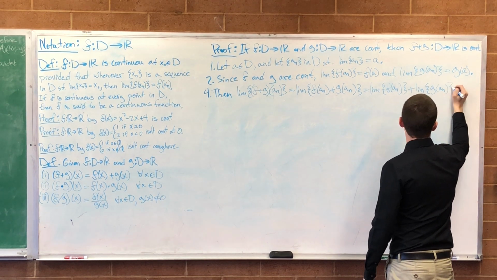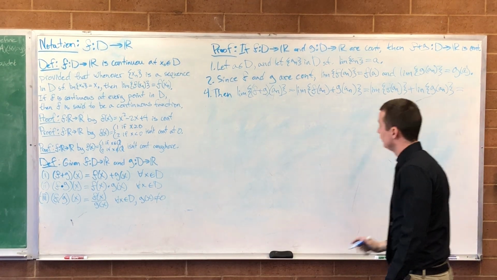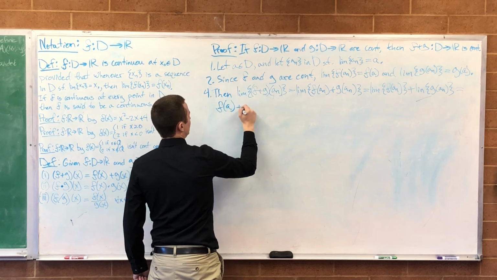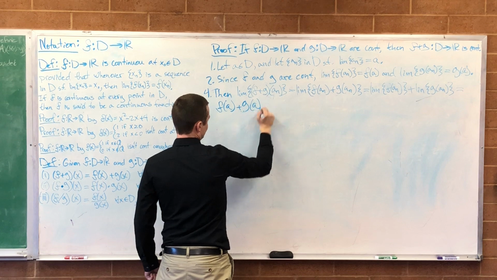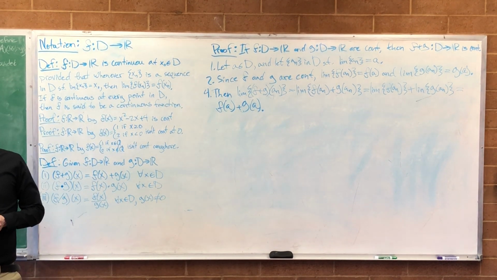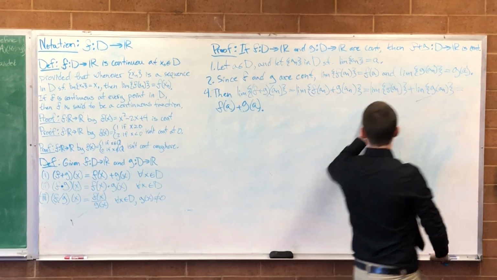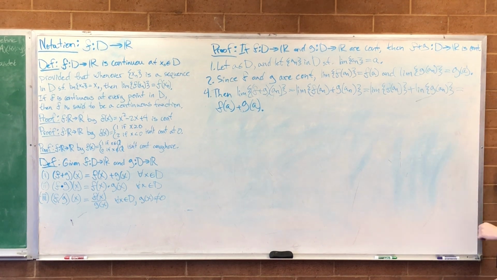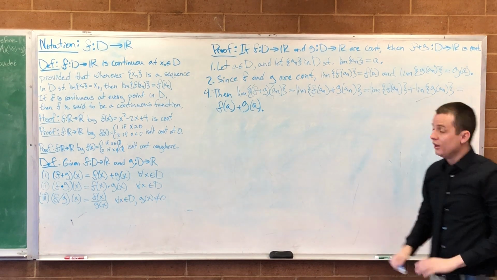And then finally, since f is continuous and g is continuous, that is just equal to f of a plus g of a. I already knew that this is equal to this, and this is equal to this, since those are continuous functions. Therefore, this is equal to this.